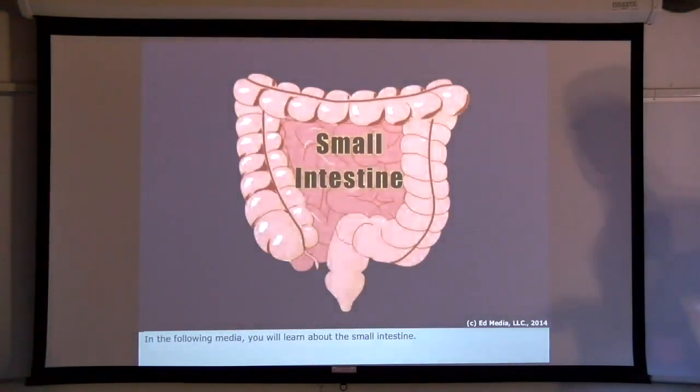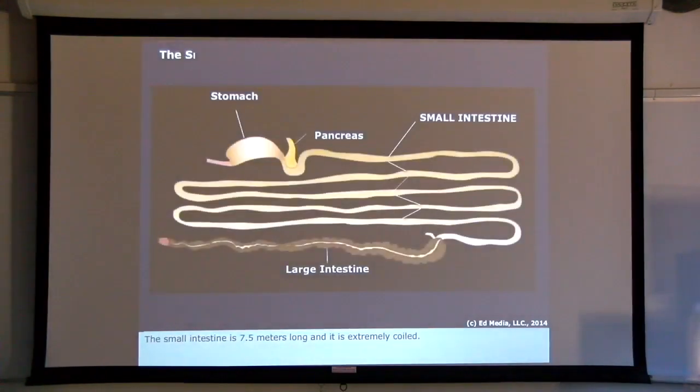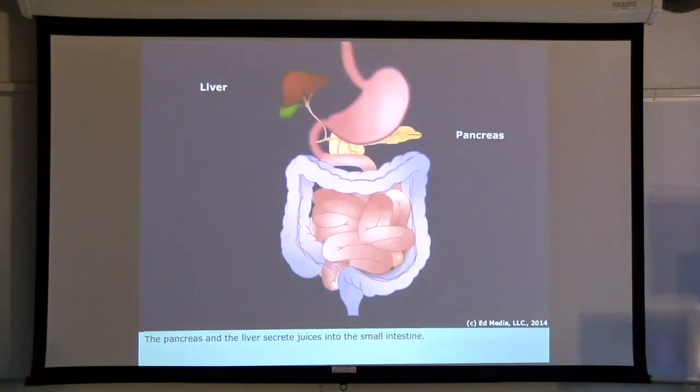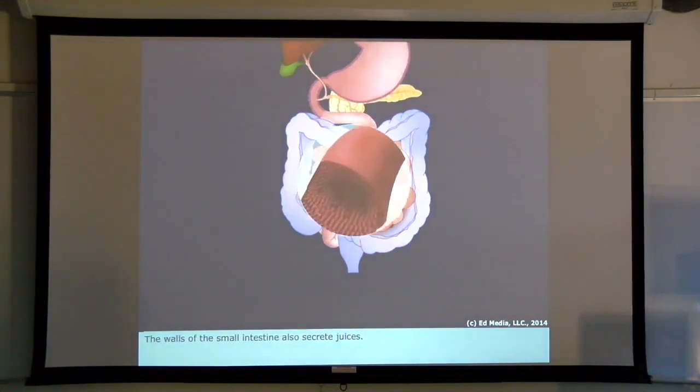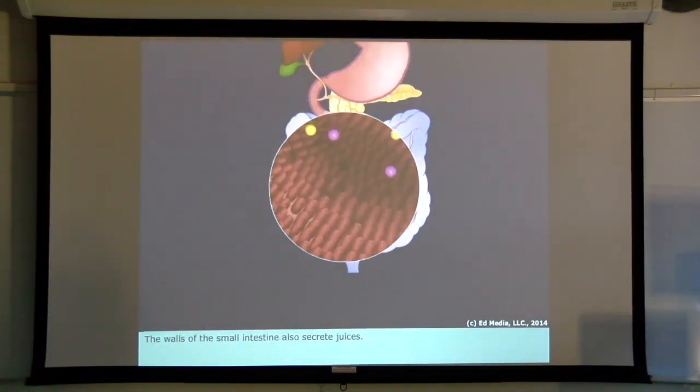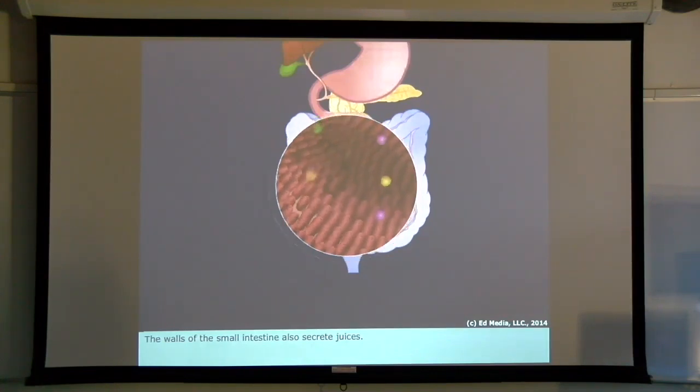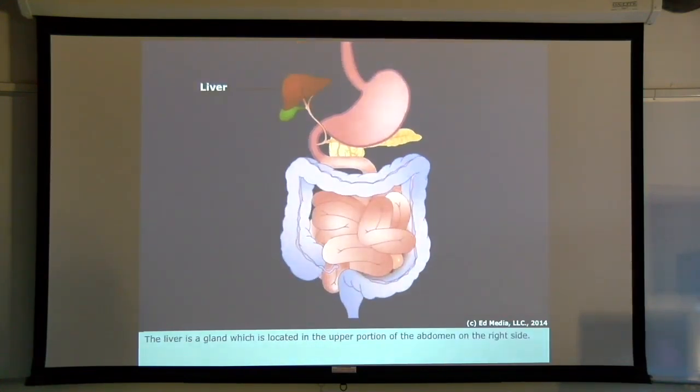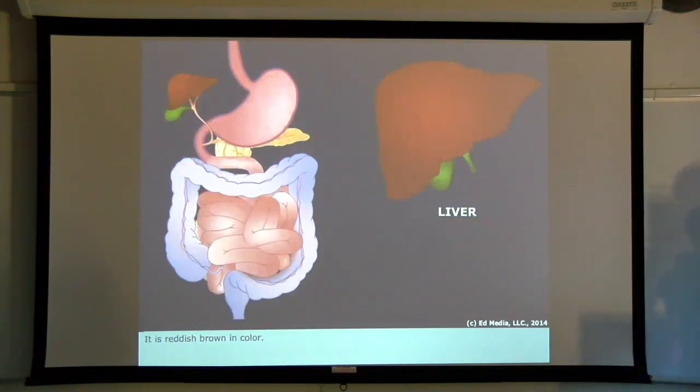Let's take a look. In the following medium, you will learn about the small intestine. The small intestine is 7.5 meters long, and it is extremely coiled. The pancreas and the liver secrete juices into the small intestine. The walls of the small intestine also secrete juices. The liver is a gland which is located in the upper portion of the abdomen on the right side. It is reddish-brown in color.